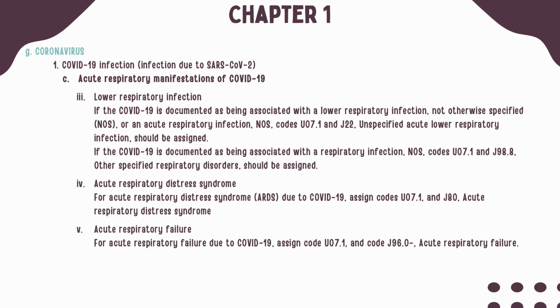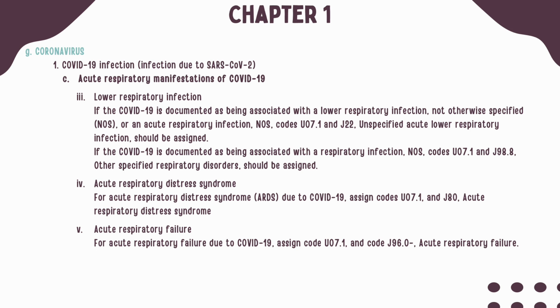When a lower respiratory infection is documented as associated with COVID-19, U07.1 should be assigned first, followed by J22. If COVID is documented as being associated with a respiratory infection that is not a lower respiratory infection, code J98.8 should be used instead.